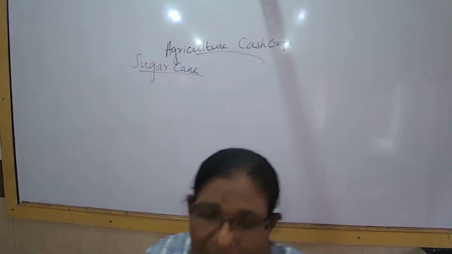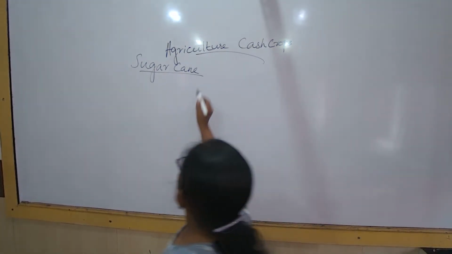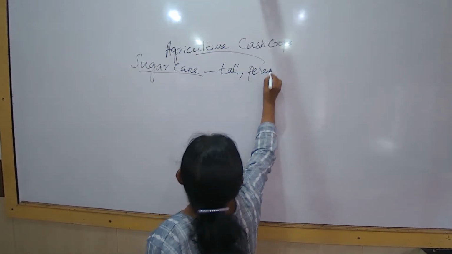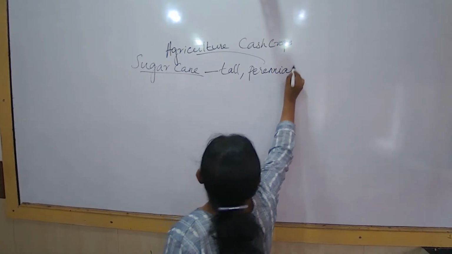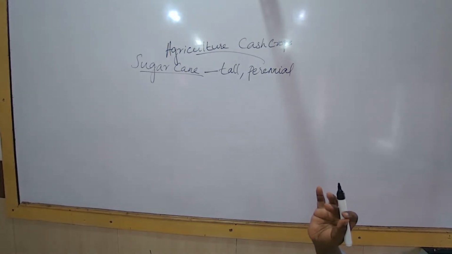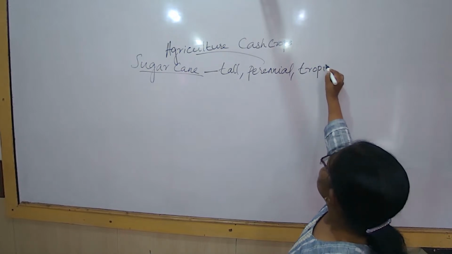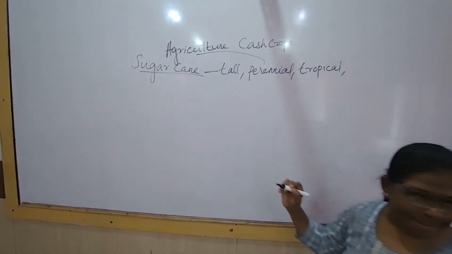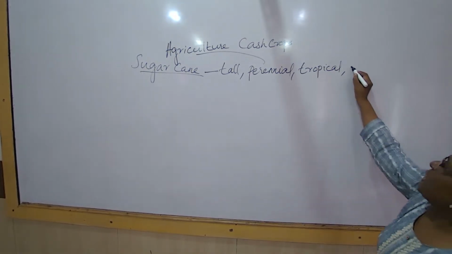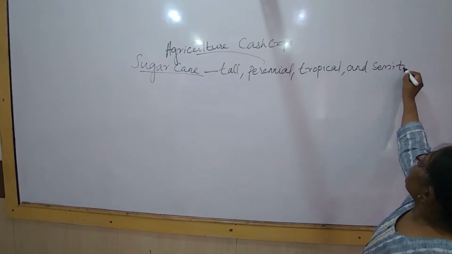What does this plant look like? It is a tall, perennial plant. What is perennial? Perennial means available for the full year. It is rain-fed the entire year, 24/7, 365 days.